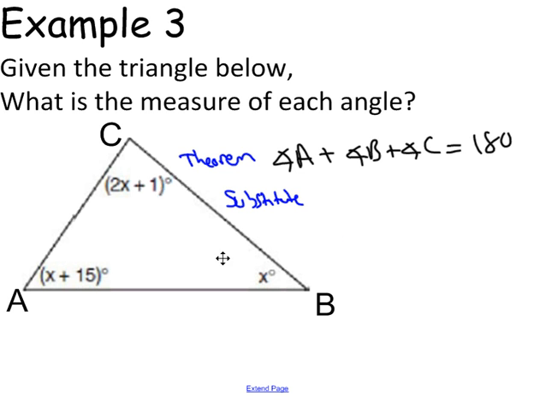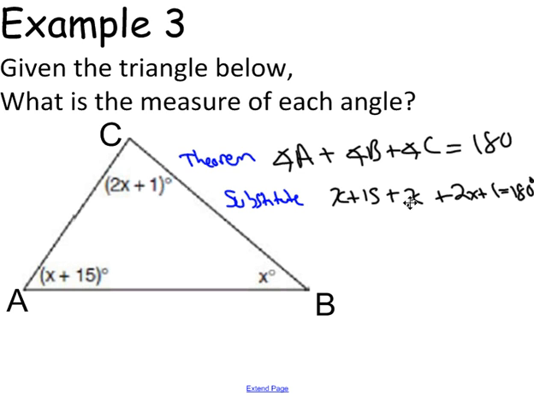So when we substitute, we're going to get x plus 15, plus angle B, which is x, plus angle C, which is 2x plus 1, equals 180.